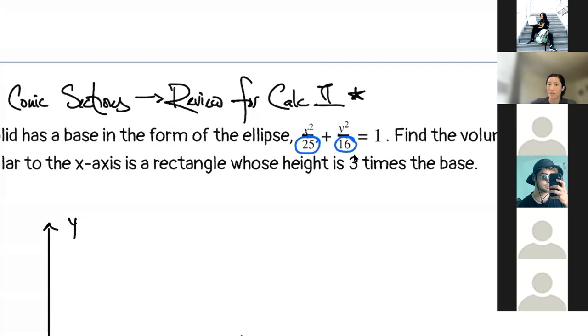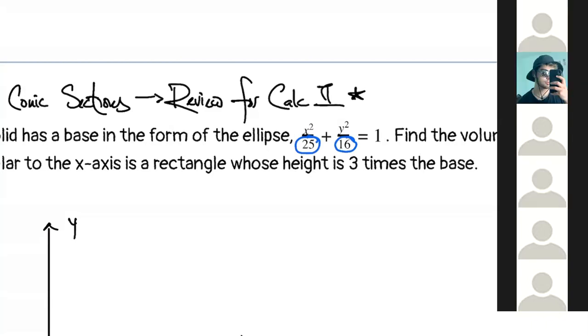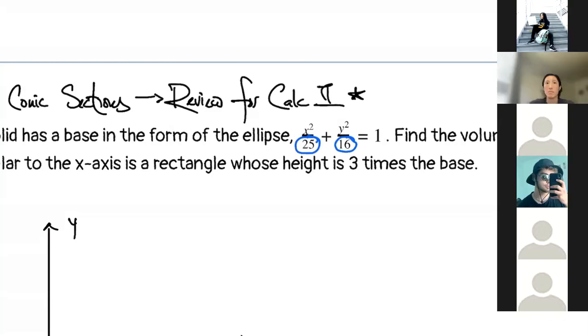What is our center for this ellipse or this oval? What is our center? Yeah, in this case, we have a center of 0, 0.